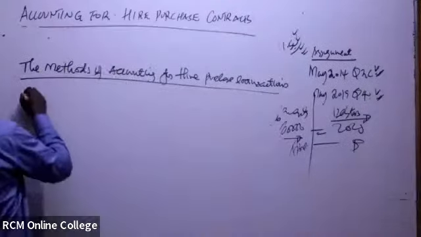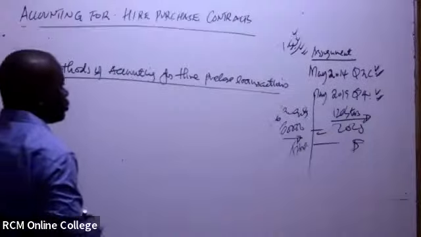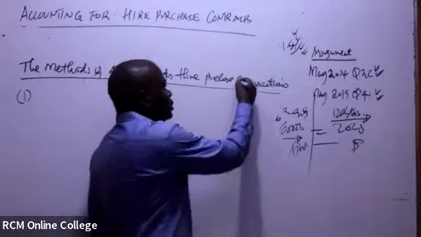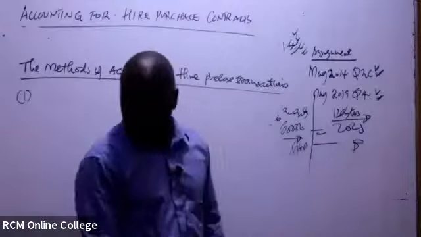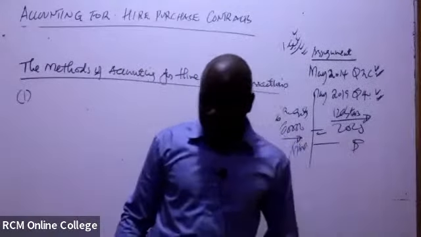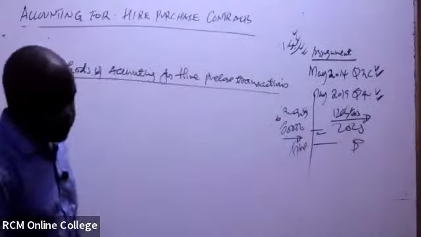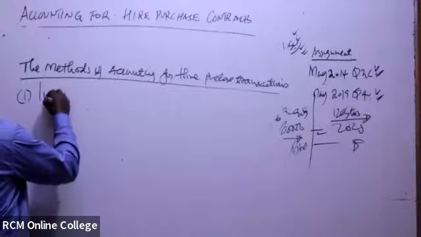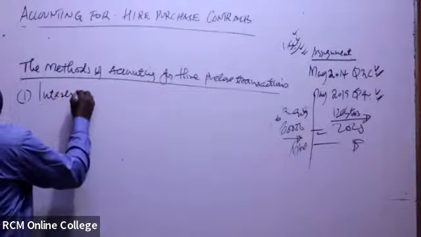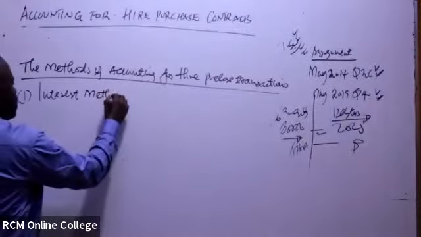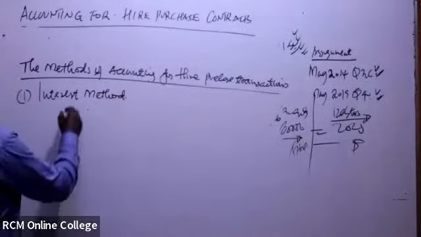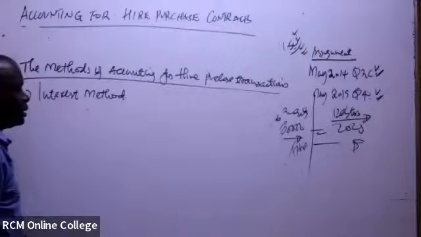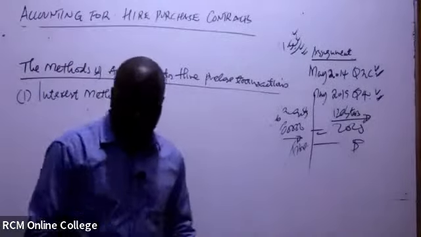You can write the first method: interest method. Then you write this under interest method.